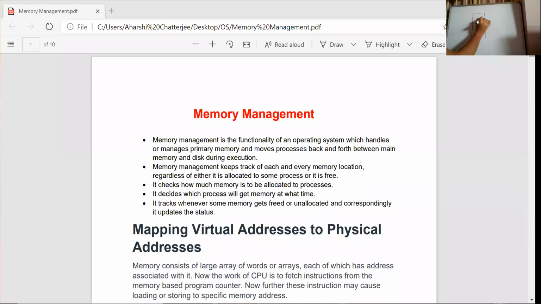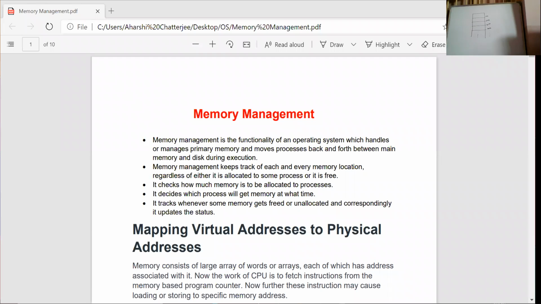Each and every slot of primary memory has a number, an address. Maybe this is 100, maybe this is 200, 300, 400, and so on. So this is the structure of the primary memory.